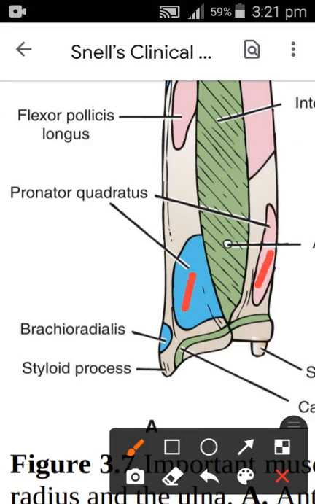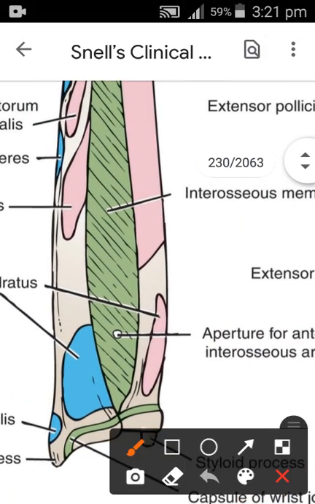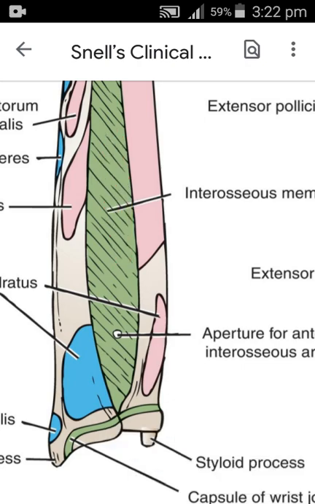The brachioradialis has its origin at the lateral epicondyle of the humerus and is inserted on the lateral distal end of the radius. This is the styloid process of the radius. This is the styloid process of the ulna. This is the interosseous membrane. This is the aperture for the anterior interosseous artery.